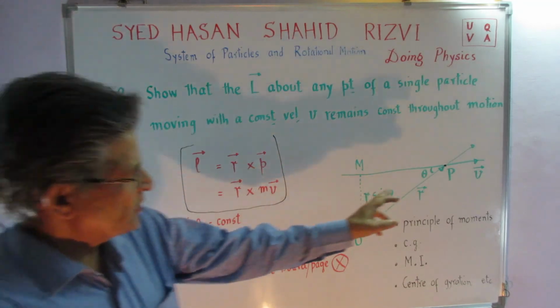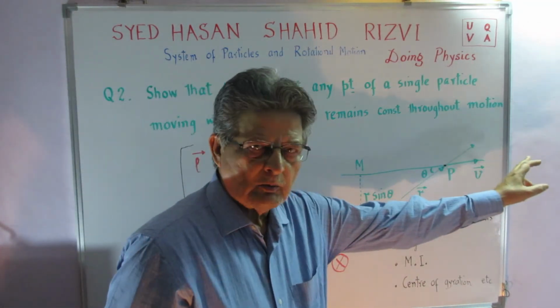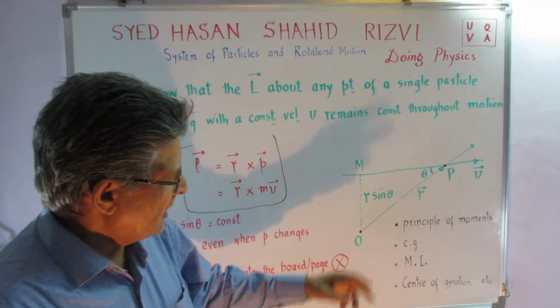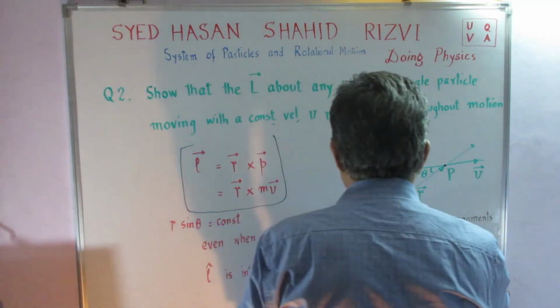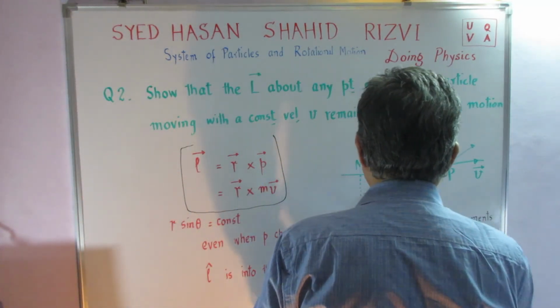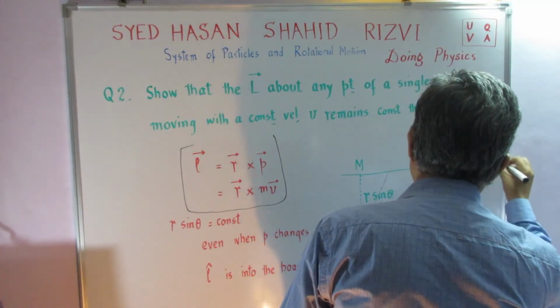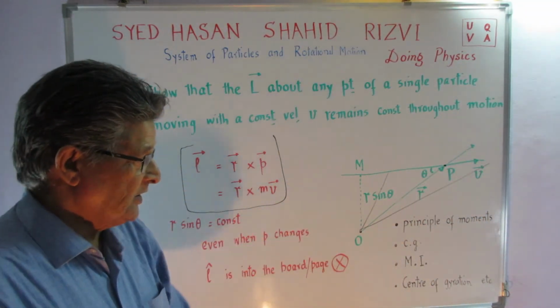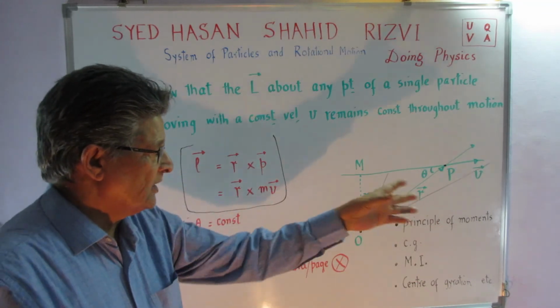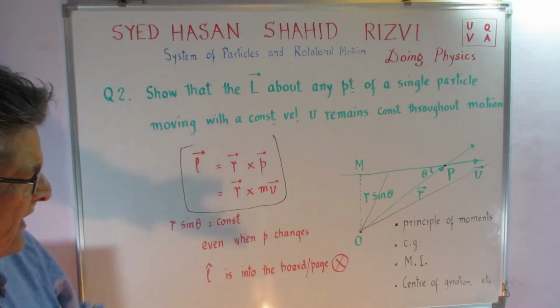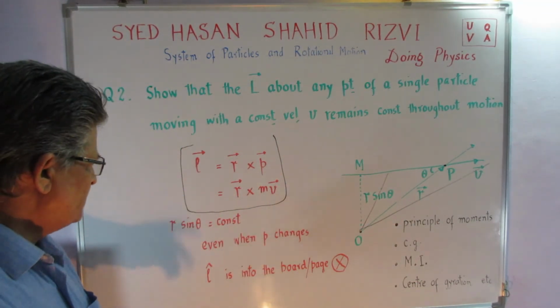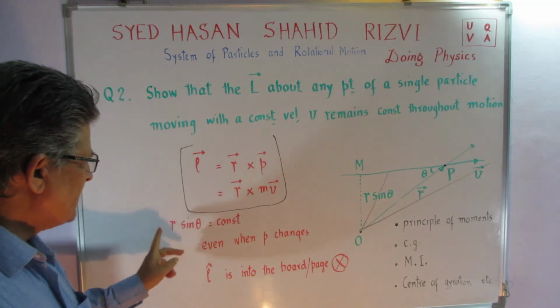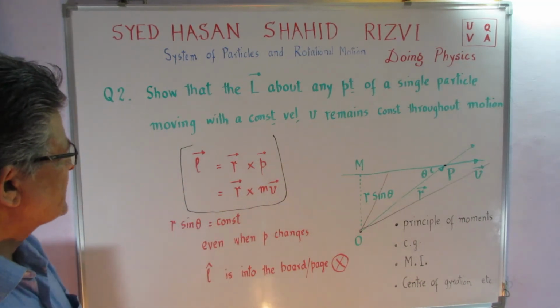Even when the position of P changes, you can draw a line, maybe in this position or in this position, it doesn't matter. Whether the particle is moving in this direction or in the opposite direction doesn't matter at all, because what matters is r sine theta. R sine theta is constant.